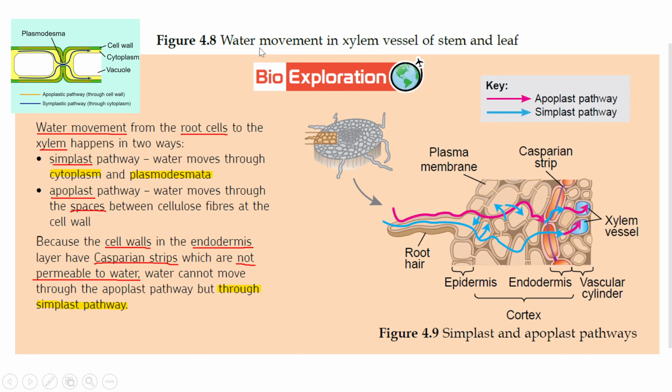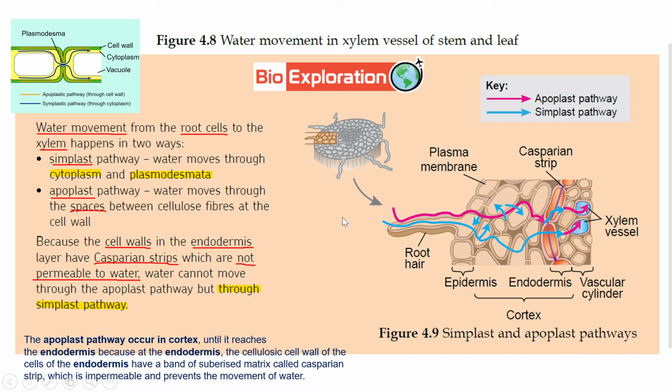Okay, that's the water movement in the xylem vessels of the stem and the leaf. Okay, this one some keynotes here. Okay, apoplast pathway occurs in the cortex, that's the cortex, until it reaches the endodermis. Kat sini tersekat, why? Because of the cellulosic cell wall. Maksudnya the cell wall of the endodermis yang ada Casparian strip itu.